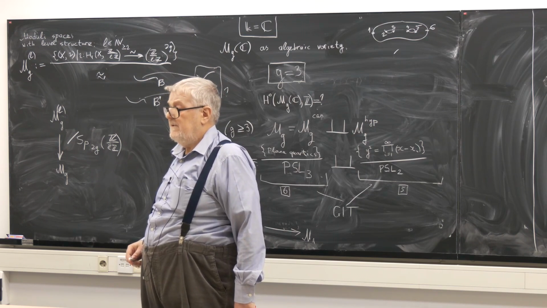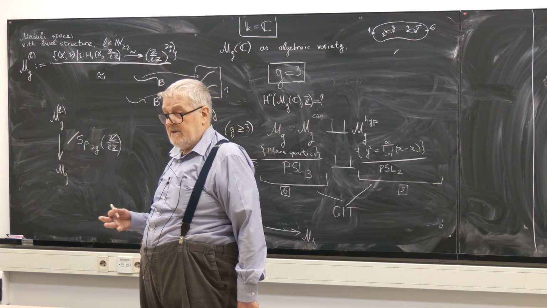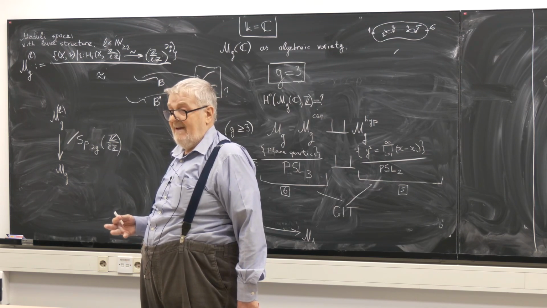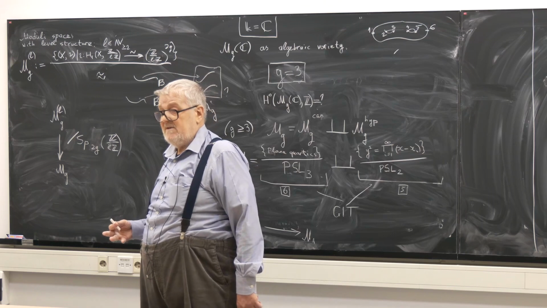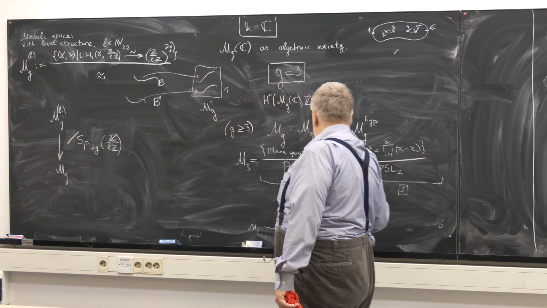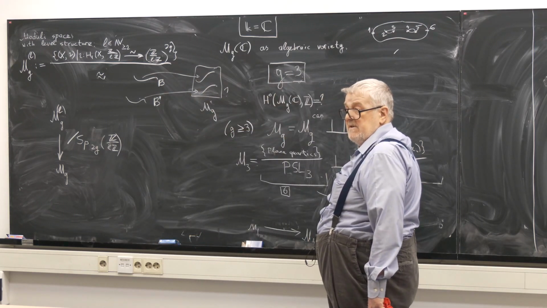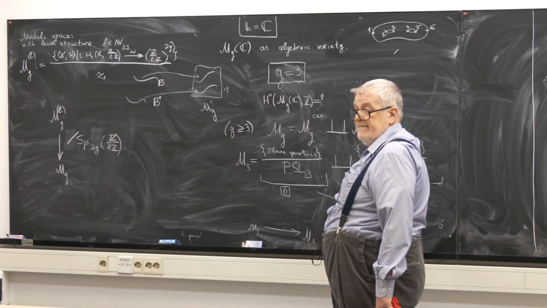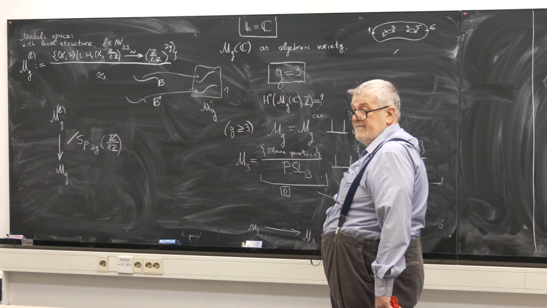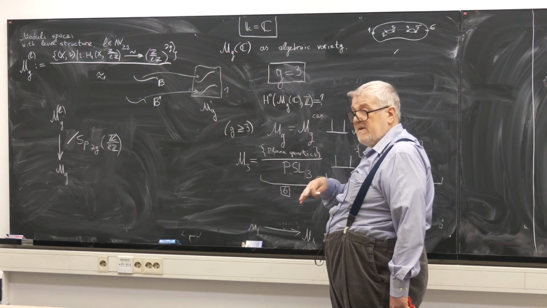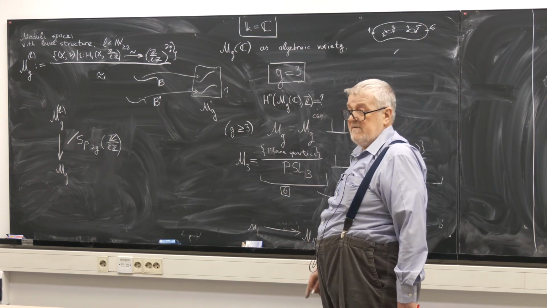In the true structure of M sub 3, there is just a divisor of hyperelliptic curves, just a 5-dimensional subvariety of a 6-dimensional variety.